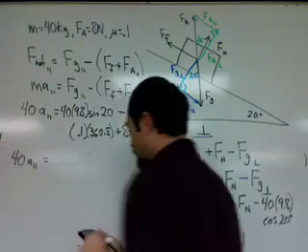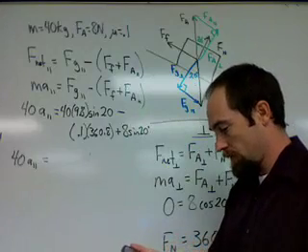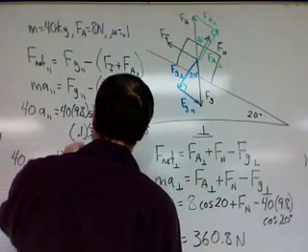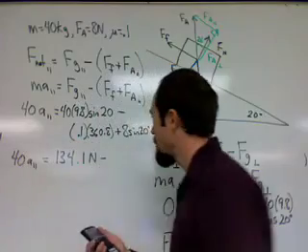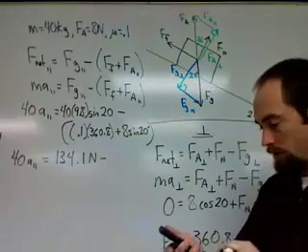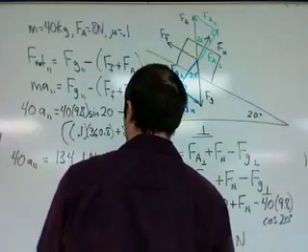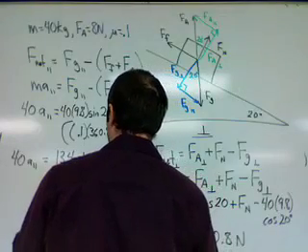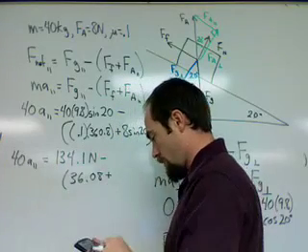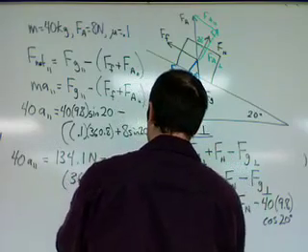40a equals, let's just do some math here. So this is 134.1 newtons minus, I should put parentheses around this whole thing, 0.1 times, actually I can do that in my head, so minus the quantity 36.08 plus 8 times sine of 20, 2.7.